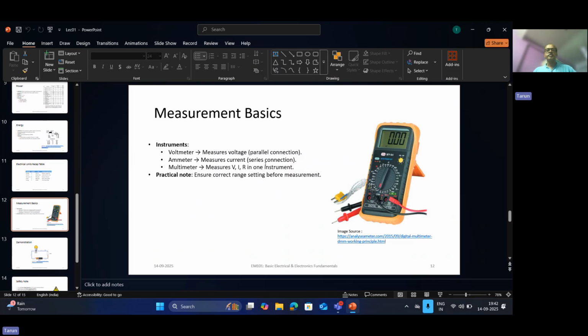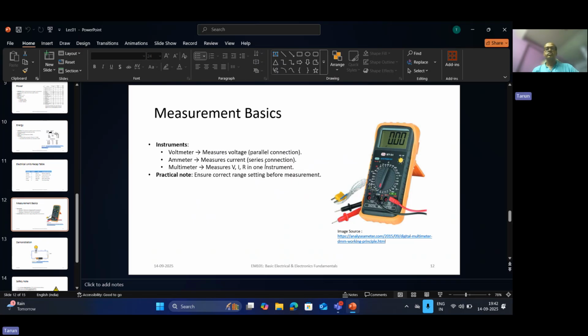Multimeter is an instrument which can measure voltage, current, resistance. The power is measured by wattmeter, and as I already told, energy is measured by energy meter.